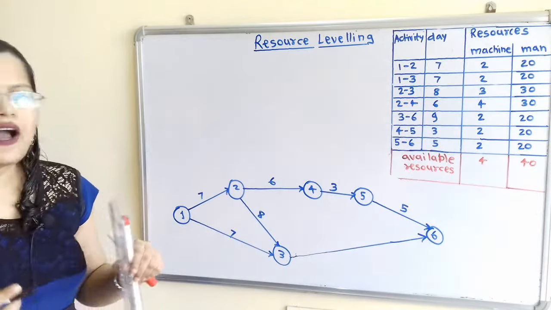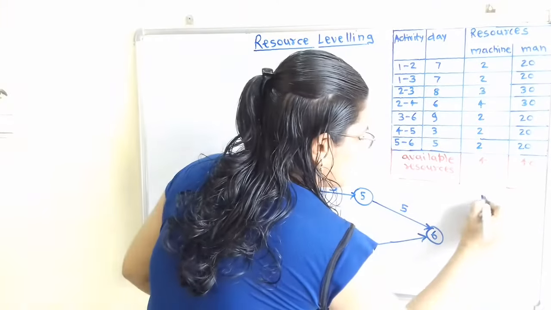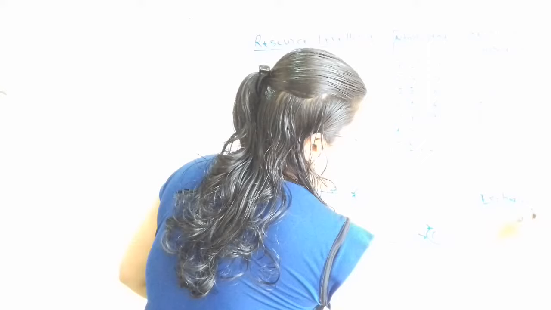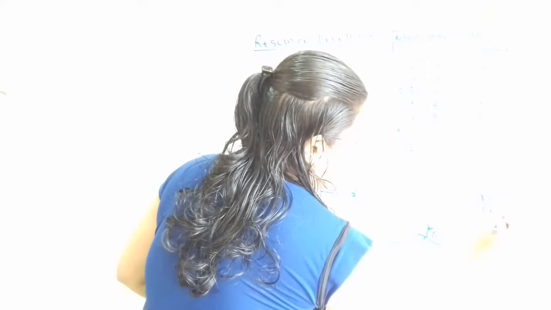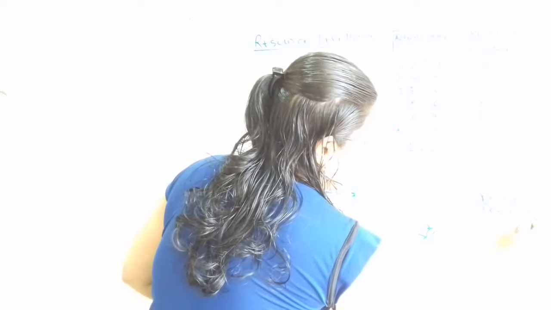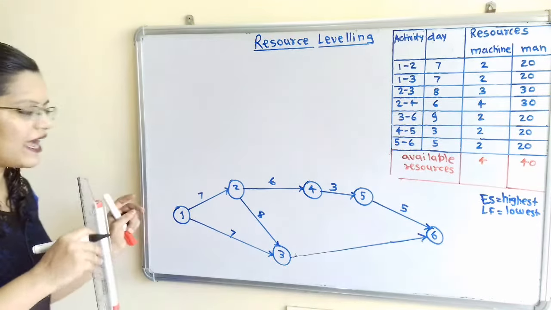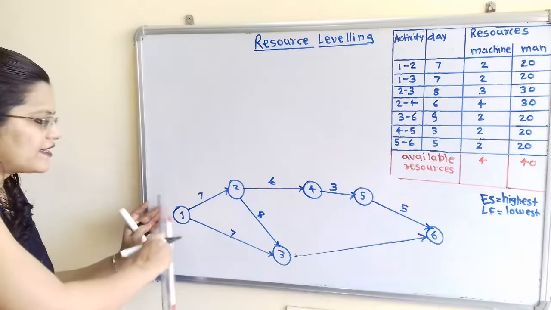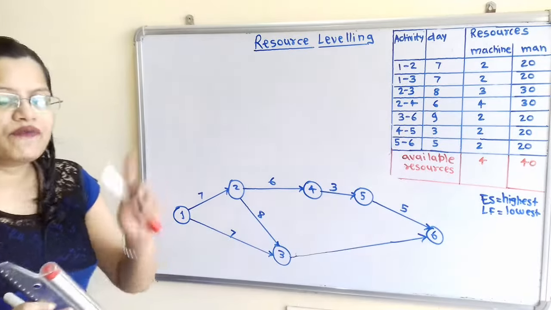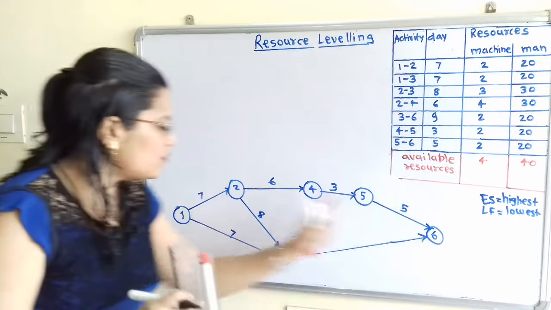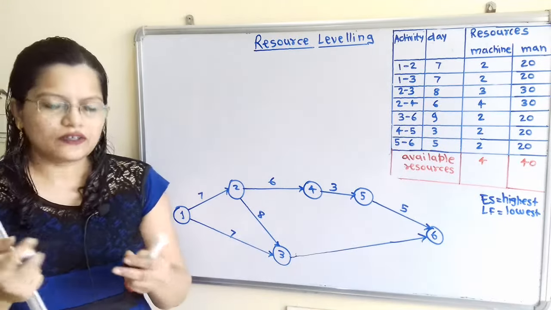Now we will find out the earliest start time. For that, we have to choose the highest value, and for the latest finish time, we have to choose the lowest value. For the calculation of earliest start time, we move from the starting node towards the end node, and for the latest finish, we move from the end node towards the starting node.